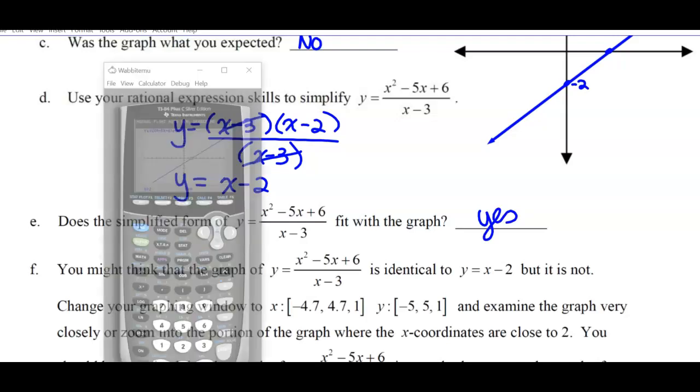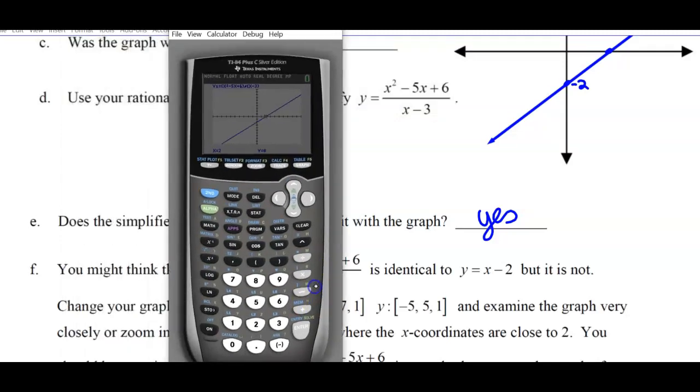Some of the new calculators you might be able to just, let me just see, this is really what we're doing. If you do zoom decimal, let's do zoom decimal, don't change it manually. Zoom decimal, you might not be able to see at the back there, but do it on your calculator. You'll see a little gap.